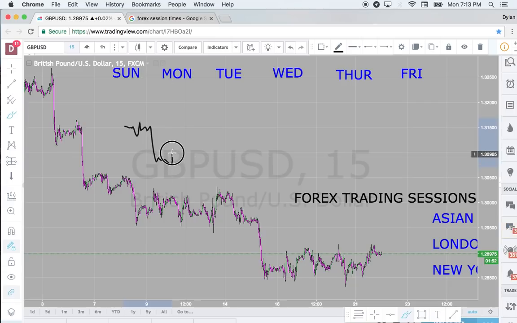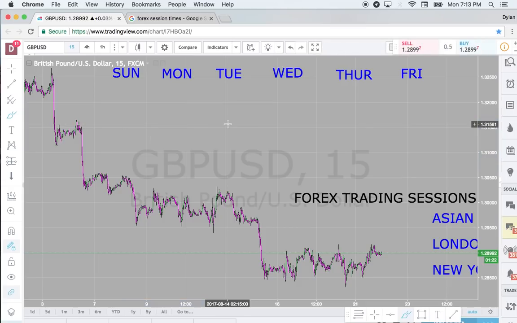And then session changeover will begin, and it will continue to consolidate into Monday. Actually, all right, this could be a lot easier to explain within the macro. So disregard what I just said.